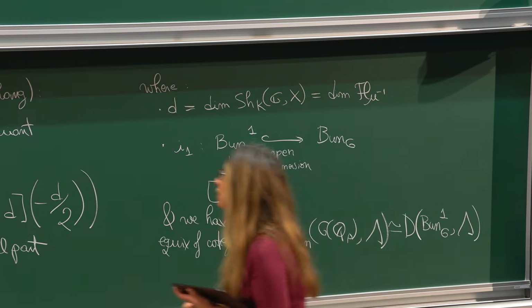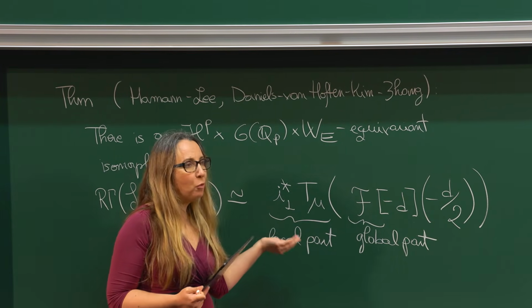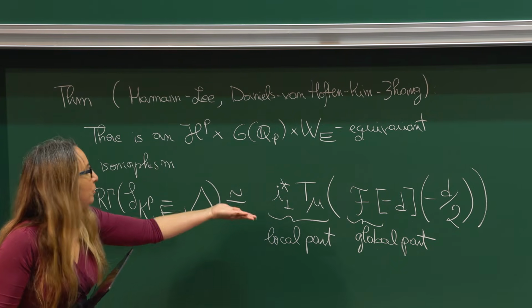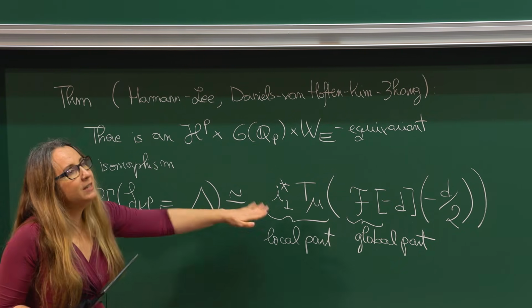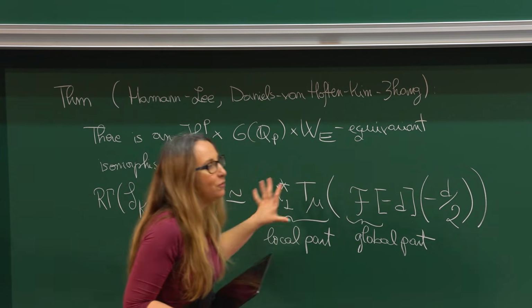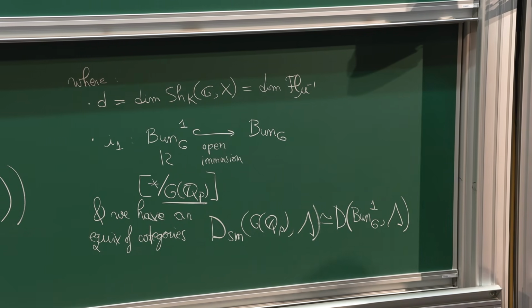Right, and this identification is really used. So a priori, you can think of this as just a sheaf on the neutral point, but using this identification, you can view it as a smooth representation of G(Q_p), and this isomorphism uses this. So I've written it quickly, and there's a bit of abusive notation here. Okay, so that's that.